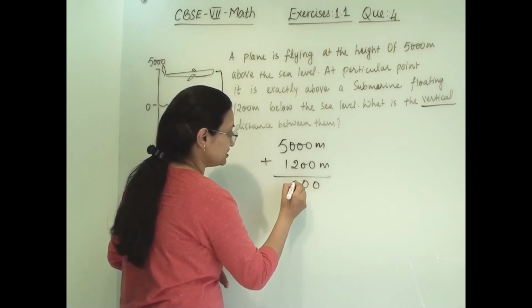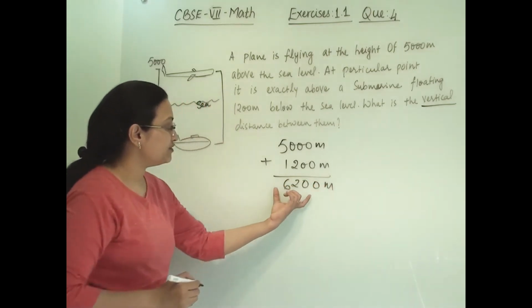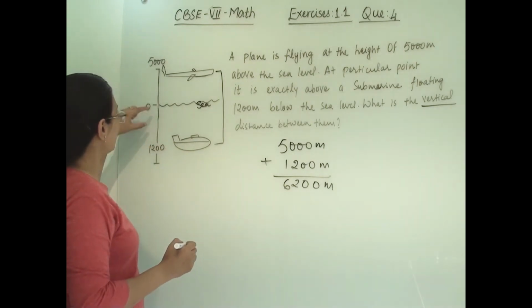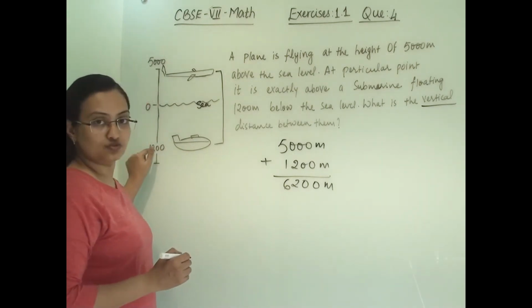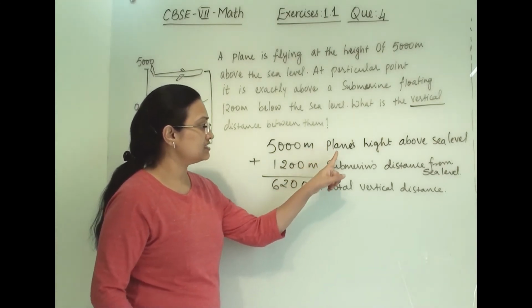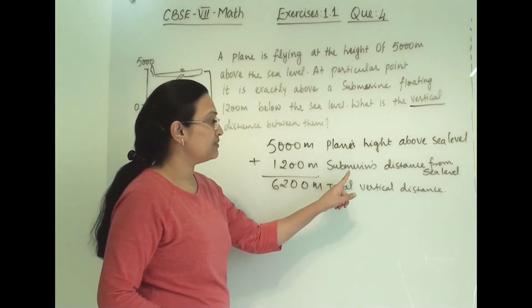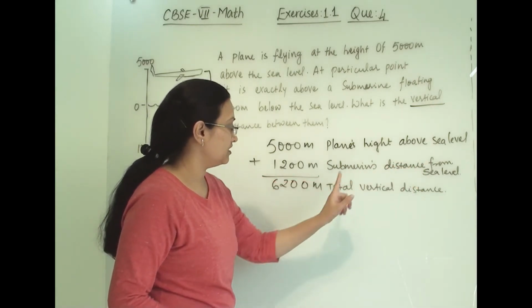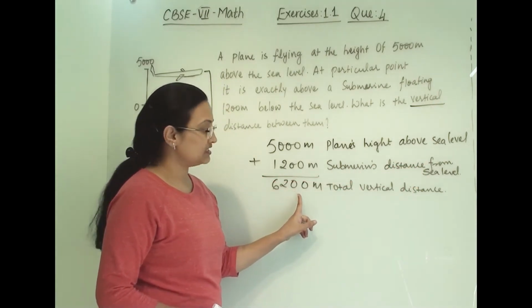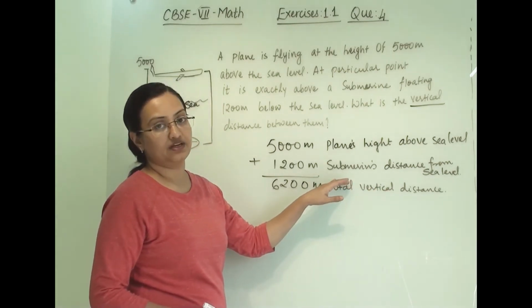So it is 6200 meter. This will be the vertical distance between these two. This is plane's height above the sea level, this is submarine's distance from the sea level, and whatever we get is the total vertical distance between plane and submarine.